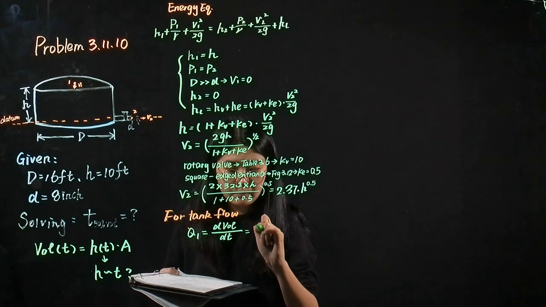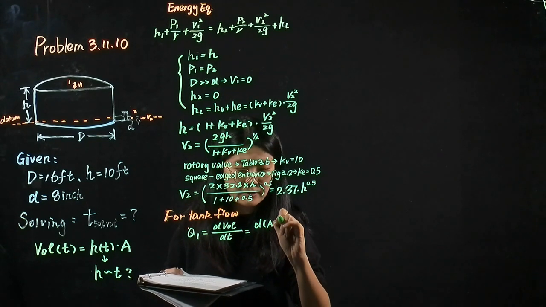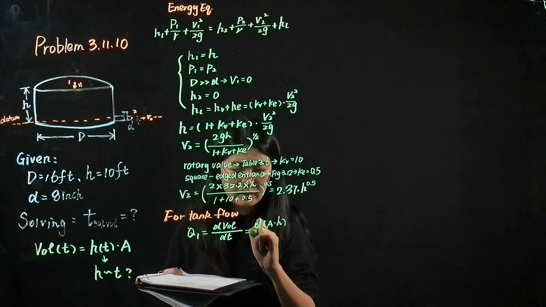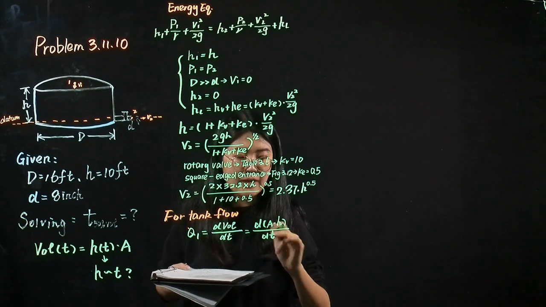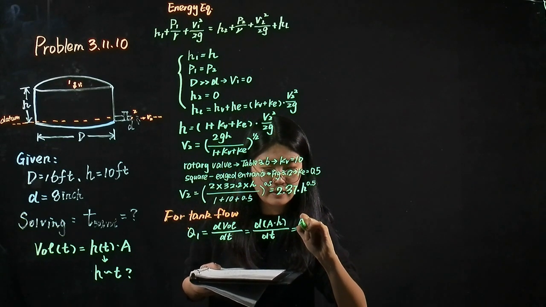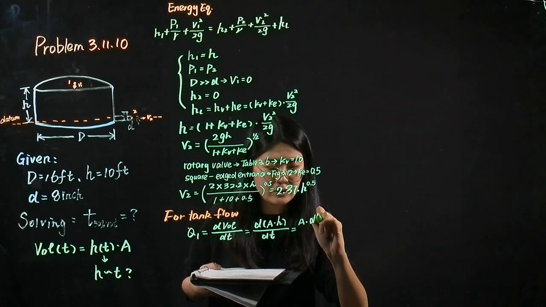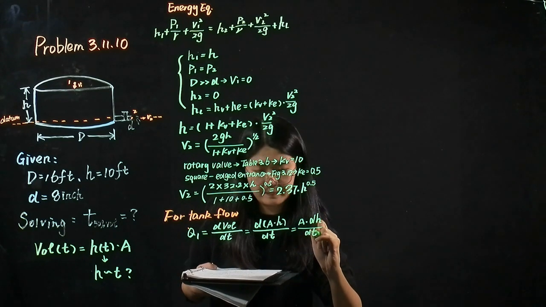Because the volume is equal to the area times h, and the area is a constant, it can be represented by A times dH over dt.